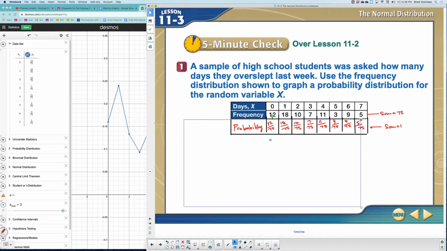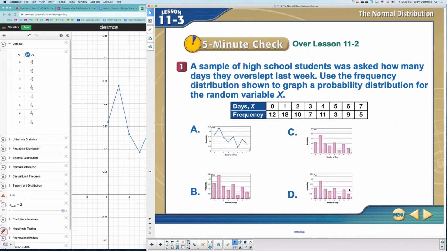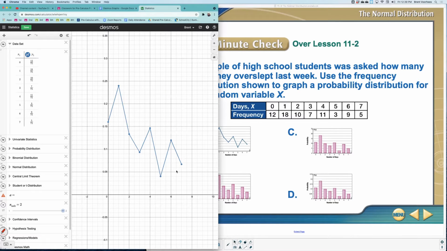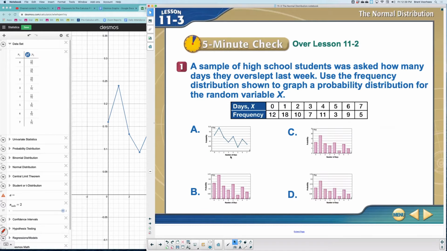If I were going to use these values and try to come up with the solution, it would be helpful for us to look at the answer choices. Here on this slide, I have the 4 answer choices, and I know this line graph appears really good. But these are the number of days they overslept.